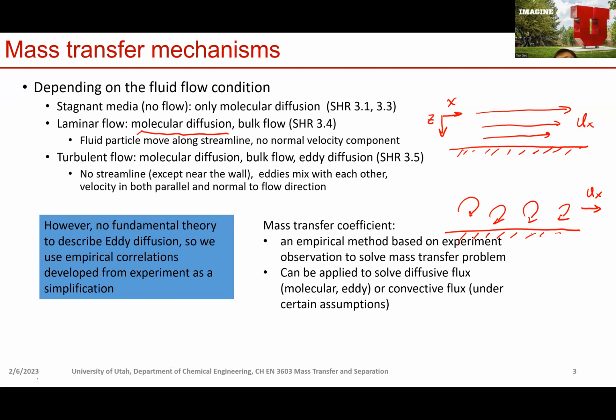It's an empirical method for us to solve mass transfer problems based on experimental observation. And second, it can be applied to solve not only diffusive flux due to eddy diffusion, but also diffusive flux due to molecular diffusion or even convective flux, under certain assumptions.